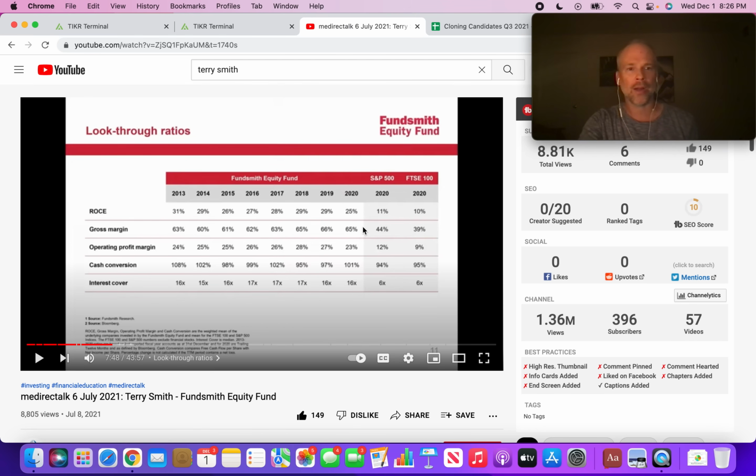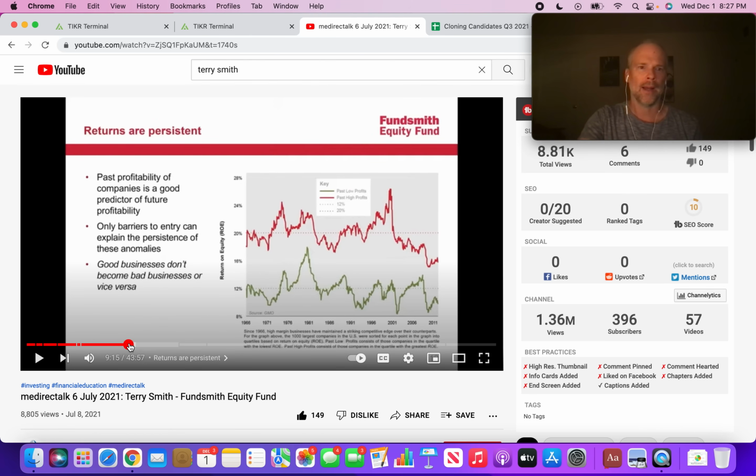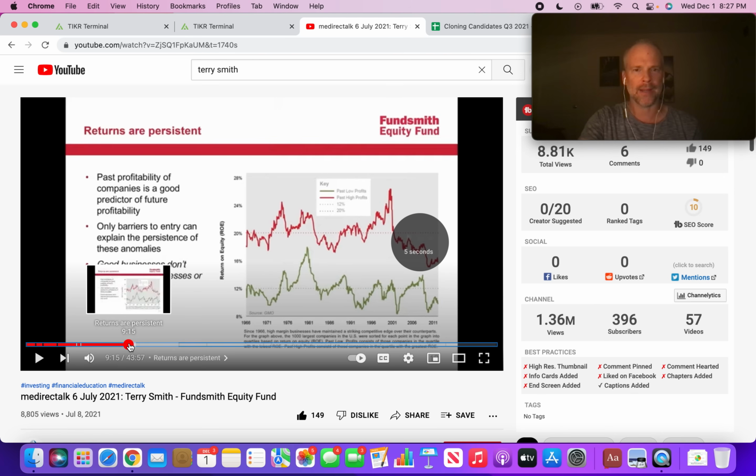Another thing we're going to be looking at is gross profit margin. The weighted average for Fundsmith is 65% compared to the S&P 500, which is just 44%. And then the last one we're going to look at is free cash flow yield. I believe this is probably on the next slide. We don't necessarily need to find it, but let's see if I can do it quickly.